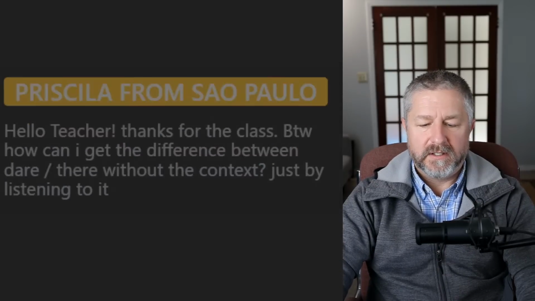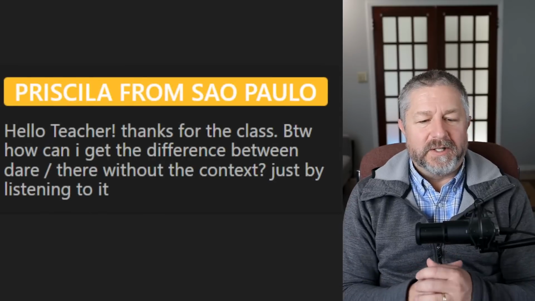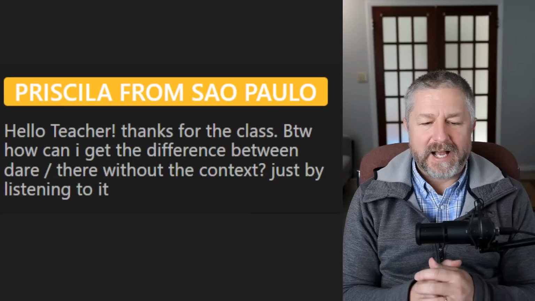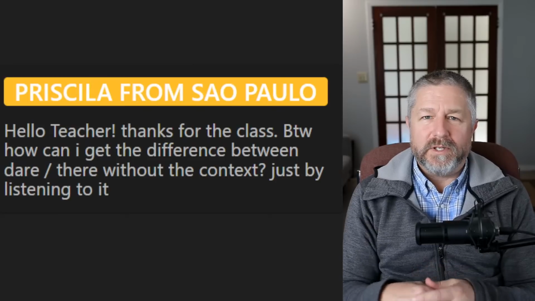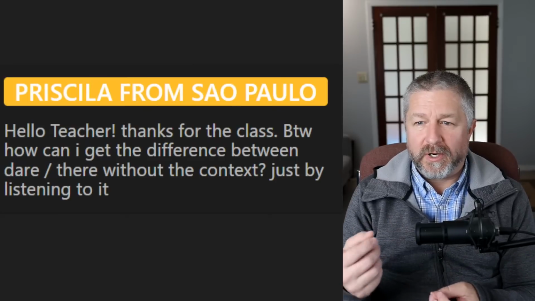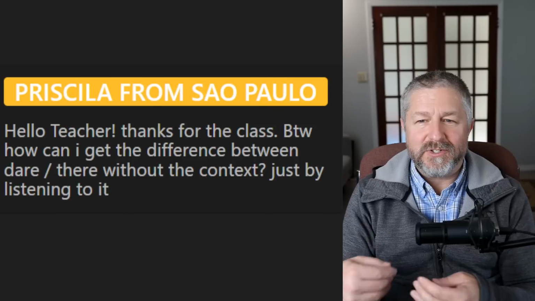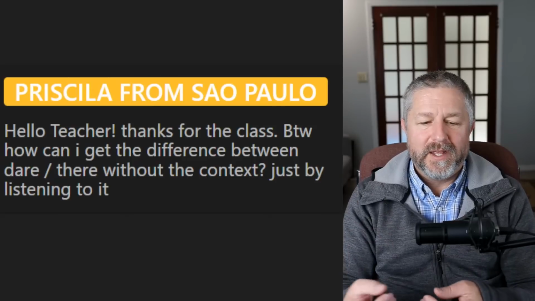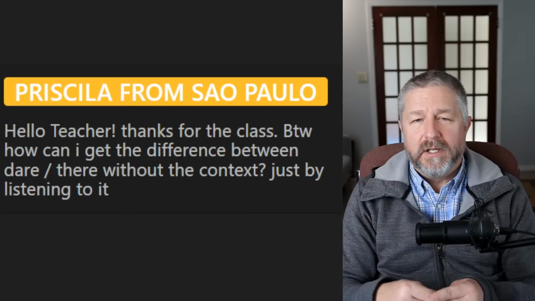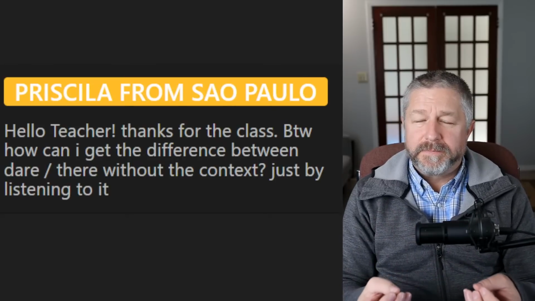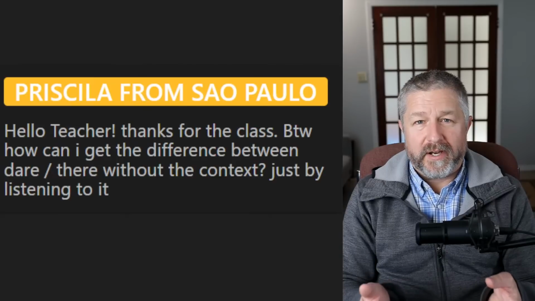Let's see. Priscilla, hello teacher, thanks for the class. By the way, how can I get the difference between dare and there without the context just by listening to it. So when you dare someone to do something, or when you dare to do something, it means you have courage to do it. And then, you can point over there. It's a location. So when I speak quickly, do you dare to go over there?